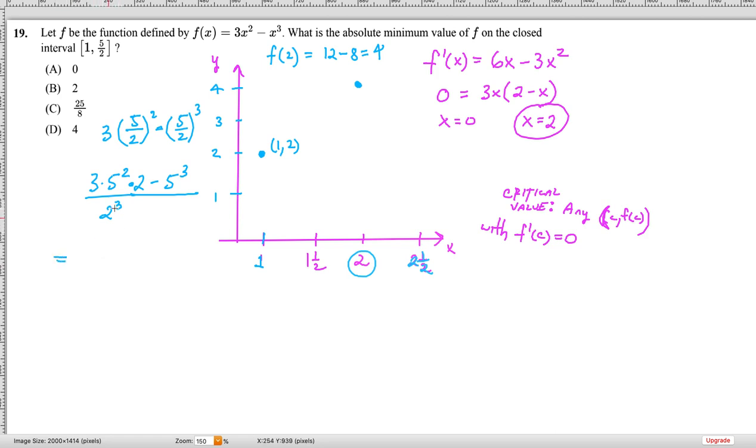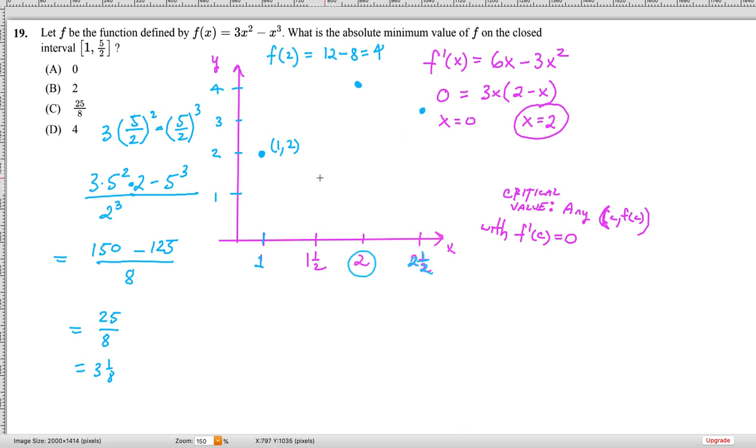And I'm going to see what this equals. So this is 6 times 25, which is 150, minus 25 times 5 is 125, over 8. And that's 25 over 8, which is 3 and 1/8. So I have a sense of where it is. It's 3 and 1/8, which is somewhere right here.